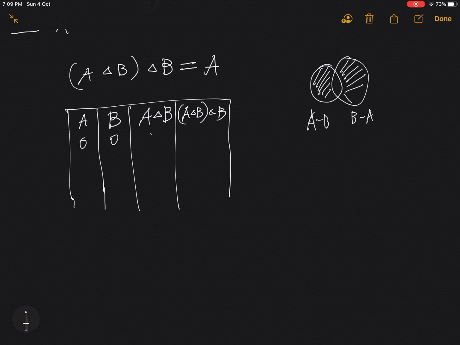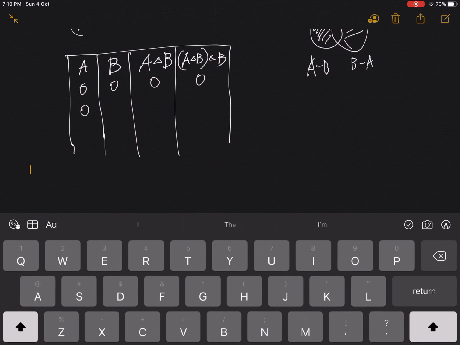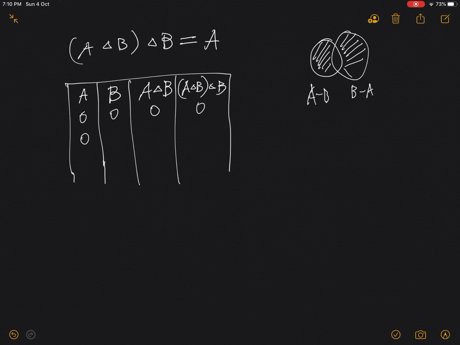So when A is empty, B is empty, A delta B is also empty, and again also the same. So if A is empty, B is 1 here.